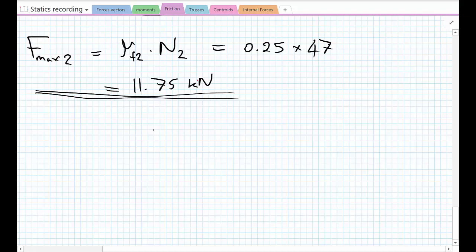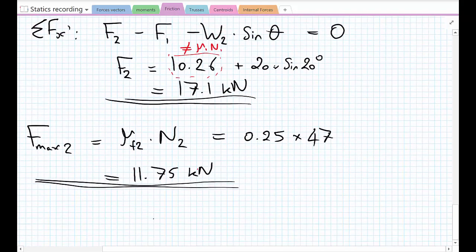And so we can look at these two values. The friction force needed at impending motion would be 11.75 kilonewtons. However, we've calculated that the force between the two, with the weights involved and the friction coefficients involved, would be at a value of 17.1 kilonewtons.